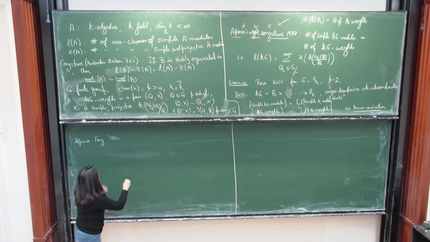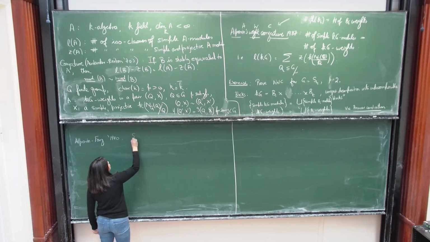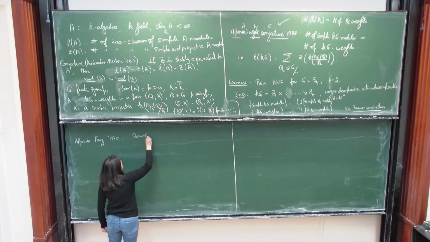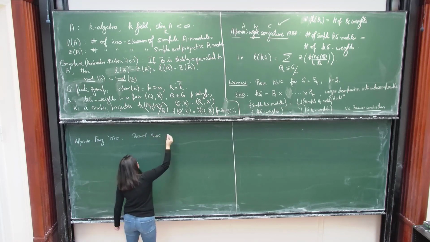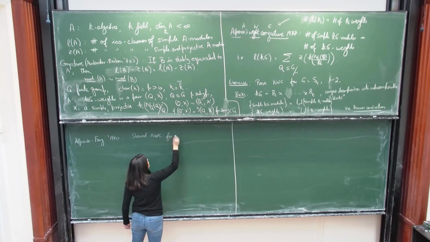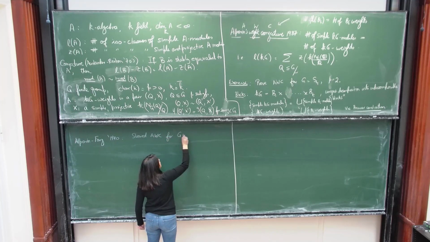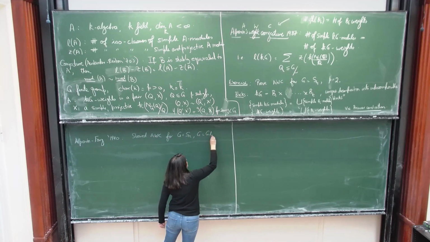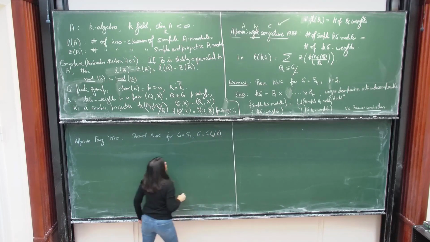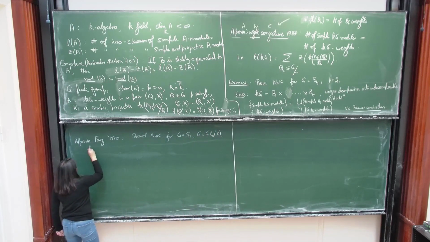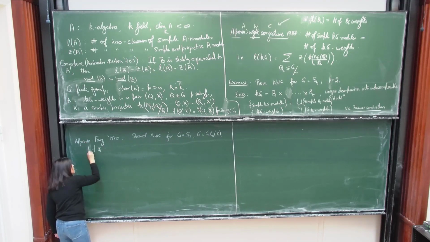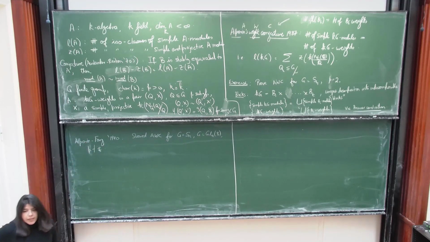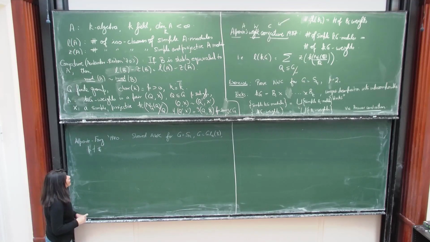They showed AWC in the blockwise version for the symmetric groups and for the finite general linear groups in non-defining characteristic. I'll come back to this.